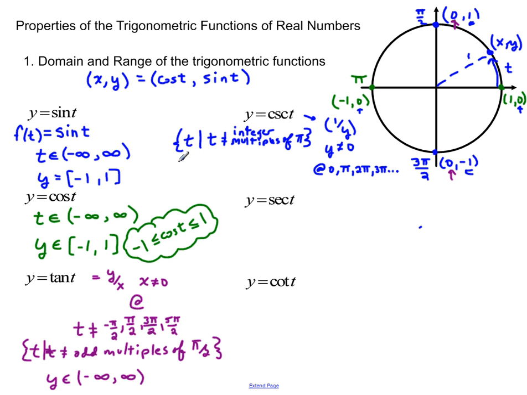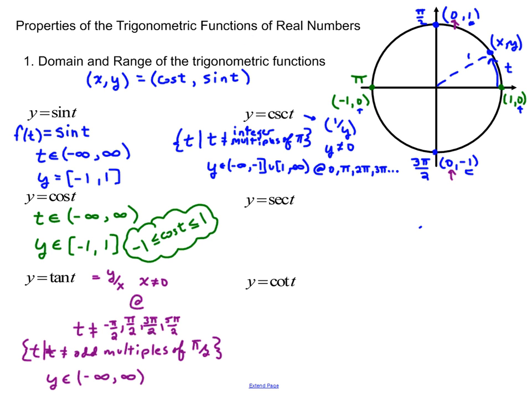Right? And as far as the values for y, well, y is going to be anything that is outside of negative 1 and 1, right? Since we're taking the reciprocal of y. We would say, well, okay, anything from negative infinity to negative 1 works, but so does anything from 1 to positive infinity. And again, we'll study these a little bit more in depth as we go.